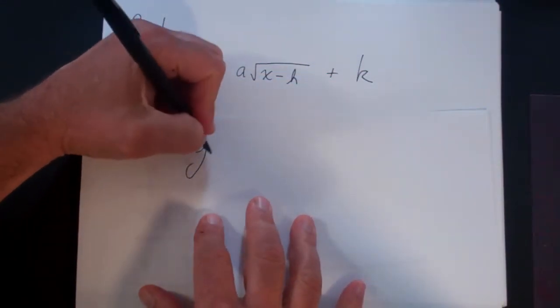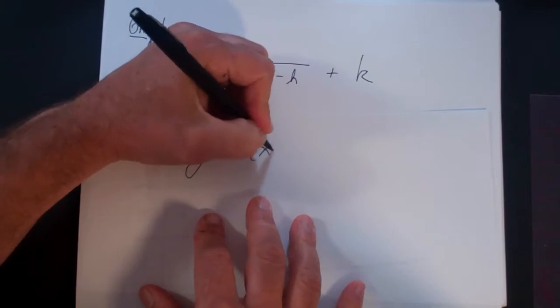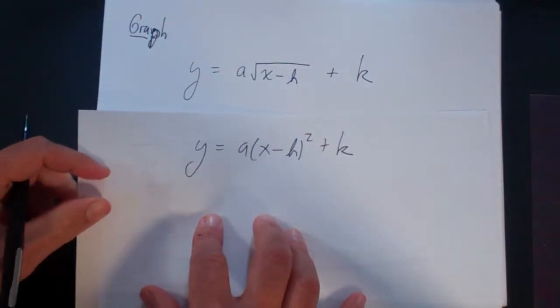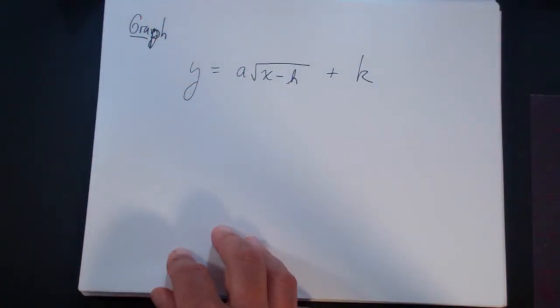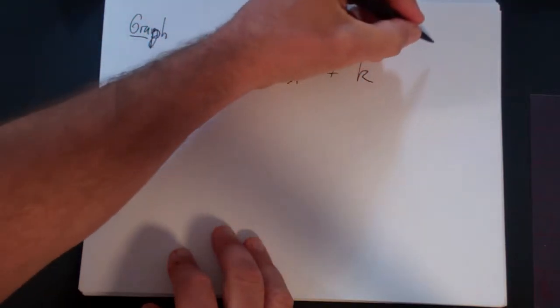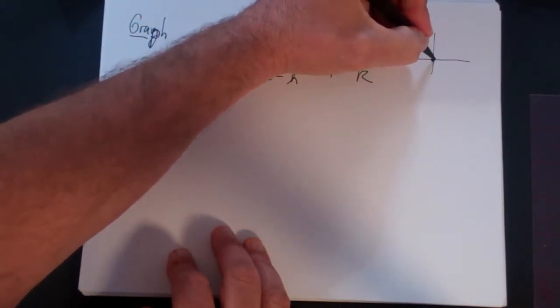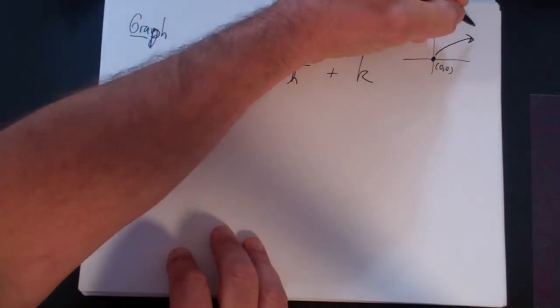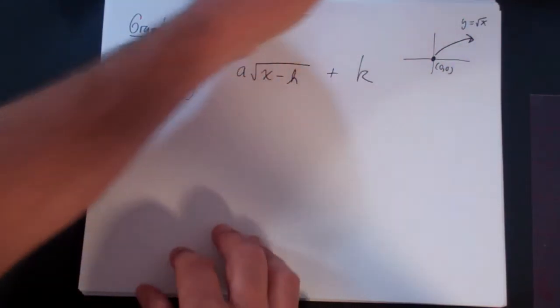And if you notice, this looks a lot like when we learned how to graph parabolas, a times x minus h squared plus k. In fact, the parameters or the letters are going to mean exactly the same thing. So what you do is you basically start with the graph y is equal to square root of x that starts at 0, 0.